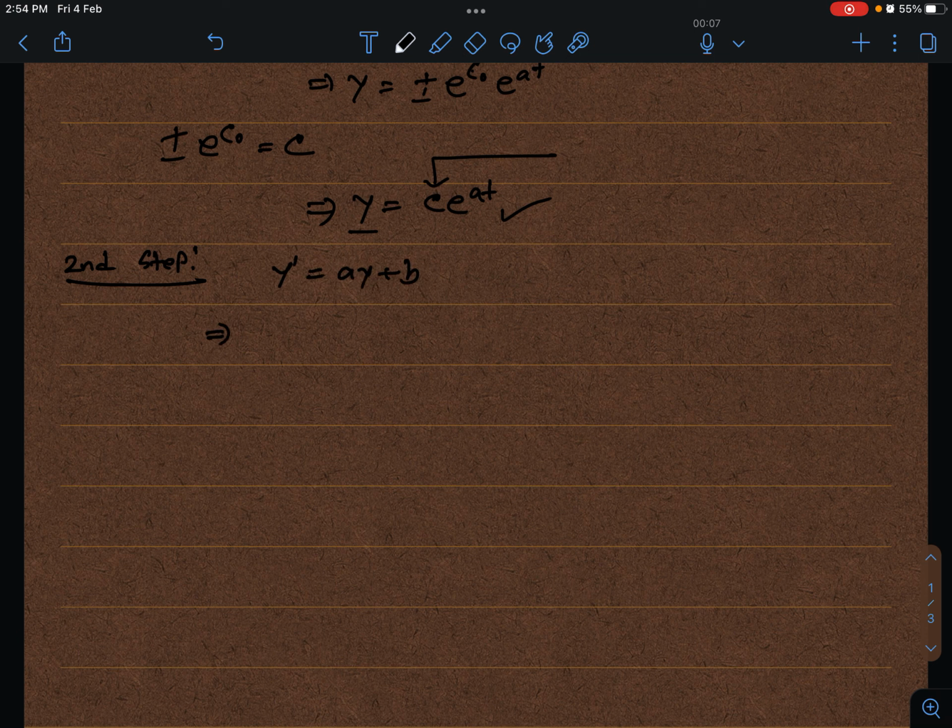Let's rewrite this equation in this format: y prime equals a, taking a as a common factor, times y plus b by a. And let's rewrite the left hand side similar to the right hand side. So we can write (y plus b by a) whole prime equals a times (y plus b by a).